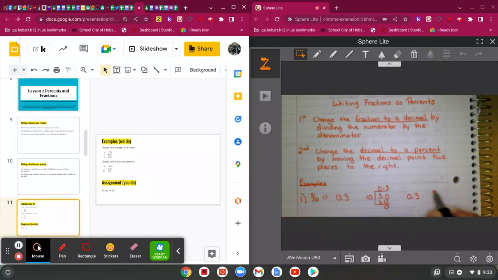Now, to change that to a percent, decimal to a percent, we are moving this decimal point two places, actually to the left.